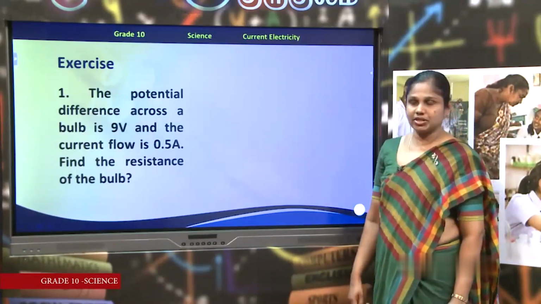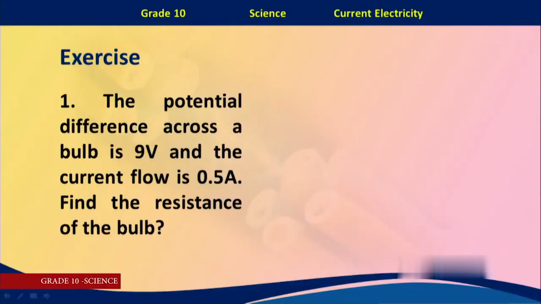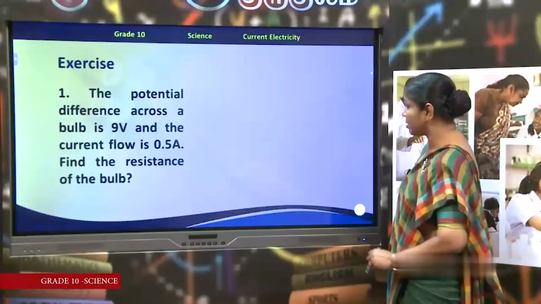Look at this question, children. The potential difference across a bulb is 9 volt and the current flow is 0.5 amperes. Find the resistance of the bulb. Here, children, I will do one for you.